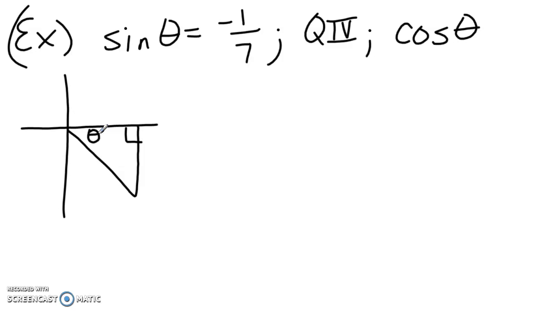And sine is y over r. And in quadrant 4, the y is negative, so we're going to have -1, and r is always positive, so the 7 goes there. We need to find x.